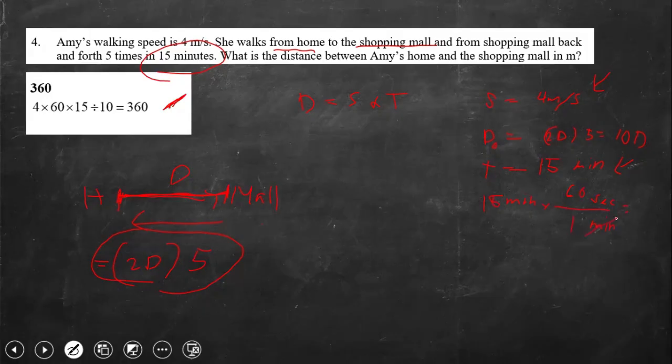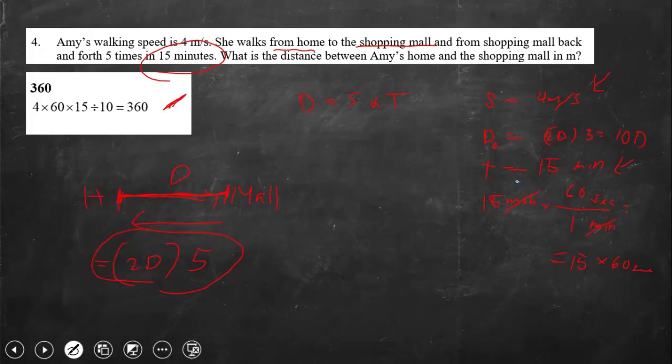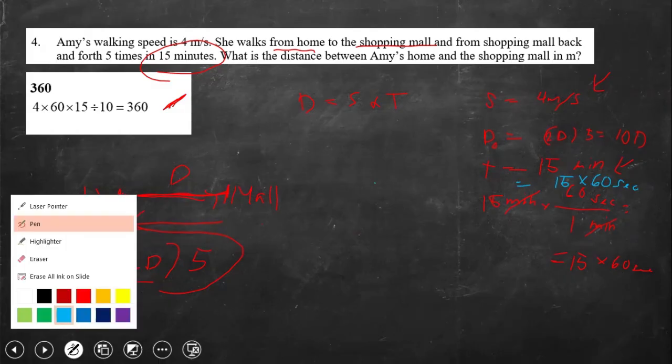Canceling out the minute unit, we have 15 times 60 seconds. I am not solving 15 times 60 yet because I think we're going to be able to cancel them later, so I'm going to leave it as 15 times 60.